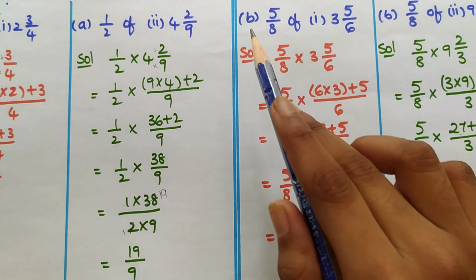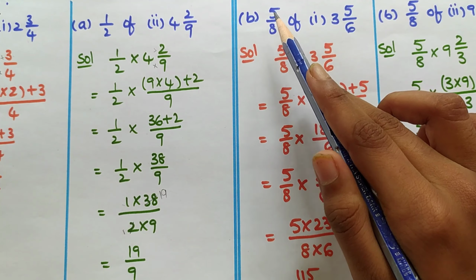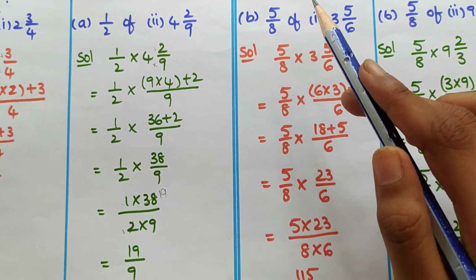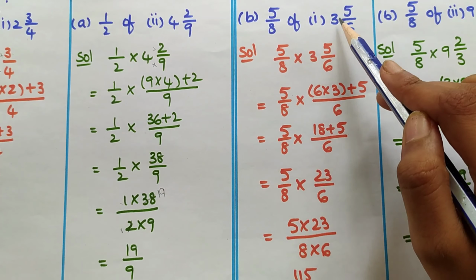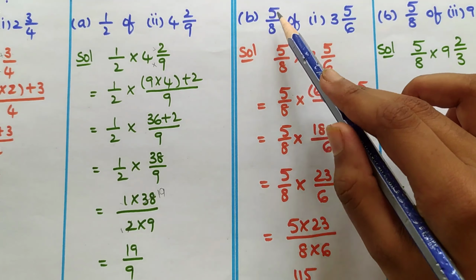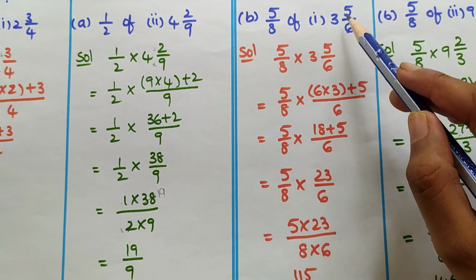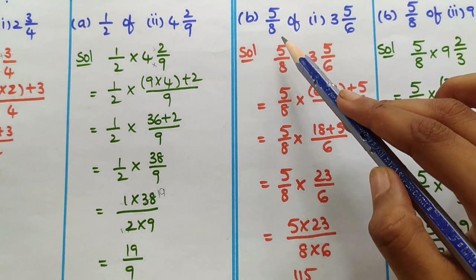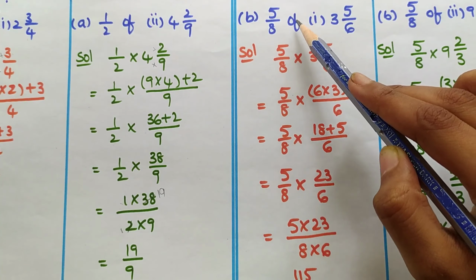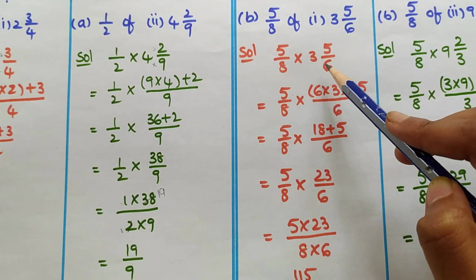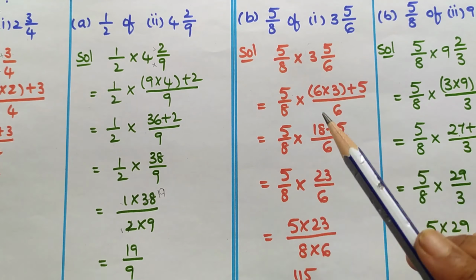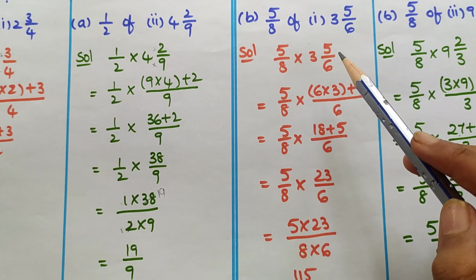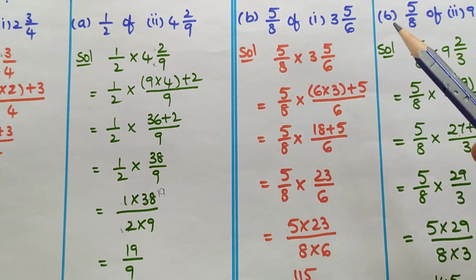Okay friends, this is B bit. 5 by 8 of, in this B bit, the first sub bit is 3 5 by 6. So 5 by 8 of 3 5 by 6. 5 by 8 of can be written as into 3 5 by 6. As 3 5 by 6 is a mixed fraction, we need to convert this mixed fraction into an improper fraction.